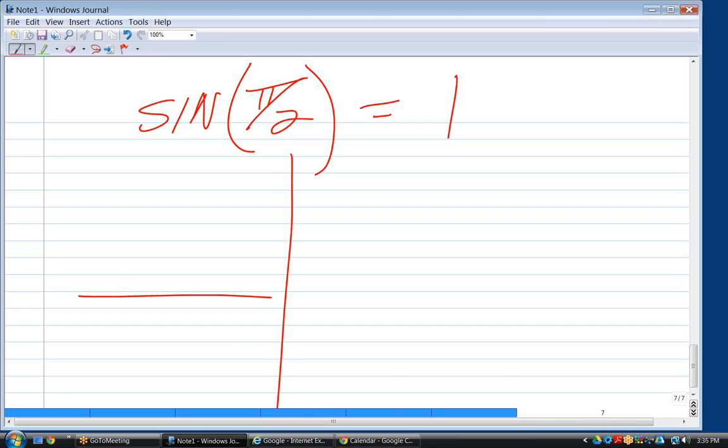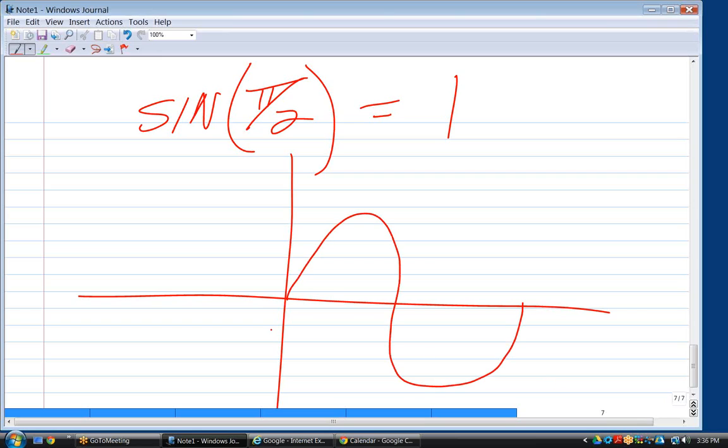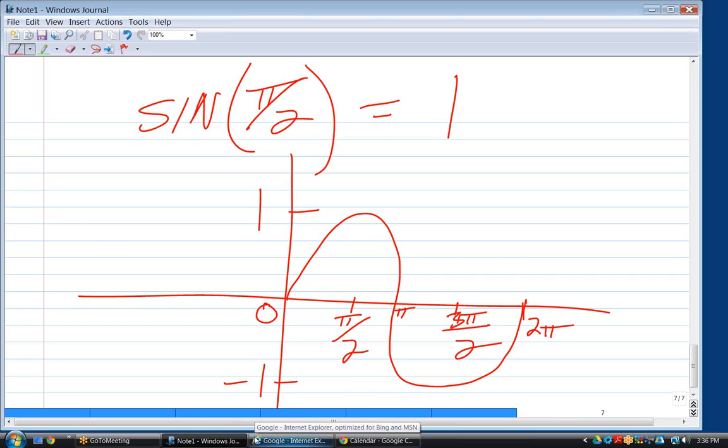Here's your sine curve. Sine curve looks like that. And that's 0, that's pi over 2. That's pi. 90. That's 1. 3 pi over 2. And that's 2 pi. In other words, that's a typical sine curve. If you're looking to memorize a sine curve, that's what you want to memorize, everything you see there.